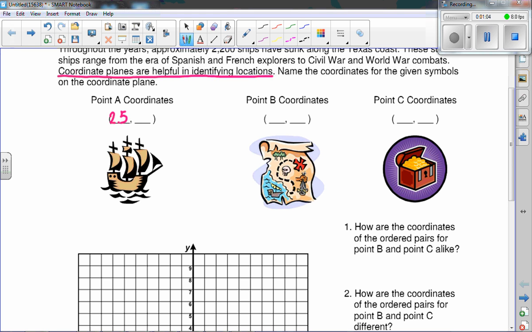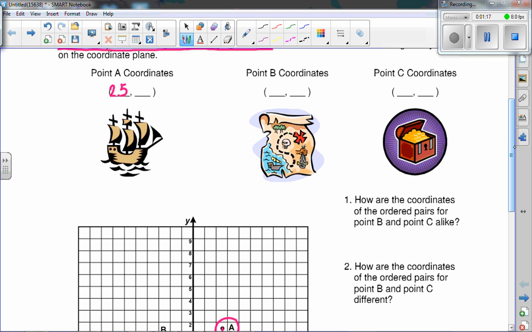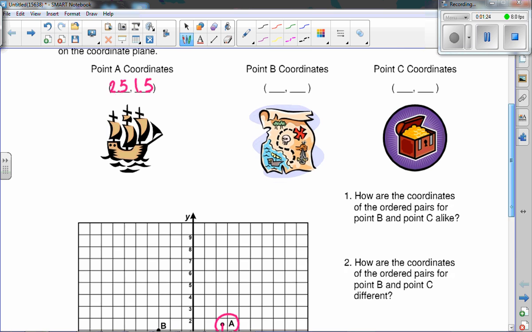Now, let's take a look at our y coordinate for point A. We go up 1, 2, 1.5. Be sure to write this on your papers.